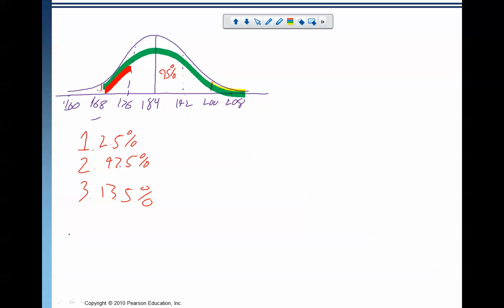Number 4. Sorry, say that again. 18. Wait, say it again. So 184 to 208. So we're looking for that section right there. Again, many approaches. You can do this a lot of ways. Here's the way that I did this one personally. From here, the halfway point over is 50%. So that just means I need to find this little section out here.